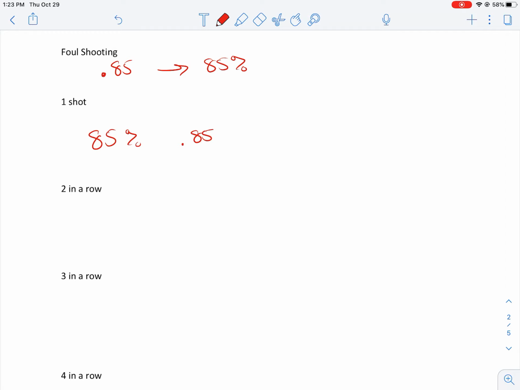Second one, 2 in a row. So following what we did up there, I go 0.85 times 0.85. And by doing so, my average actually drops down to 72.25. So the chances of making 2 shots in a row are 72.25%.